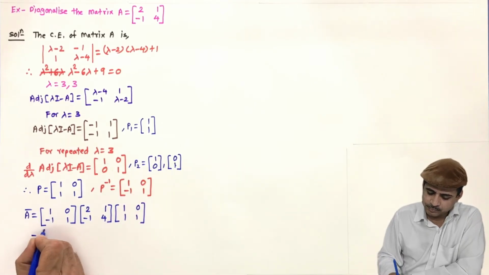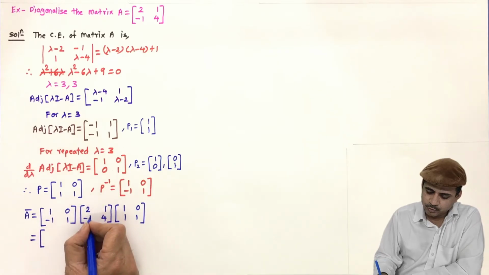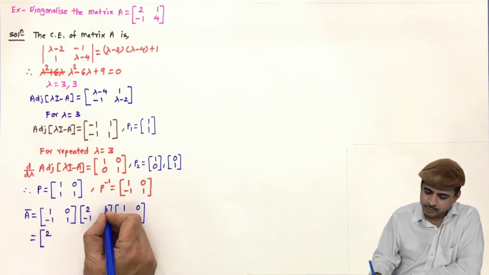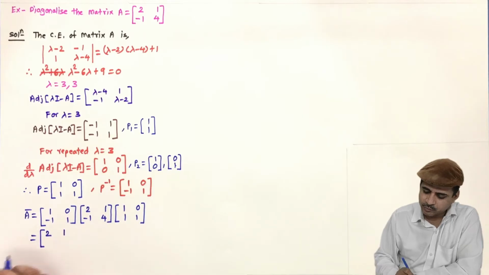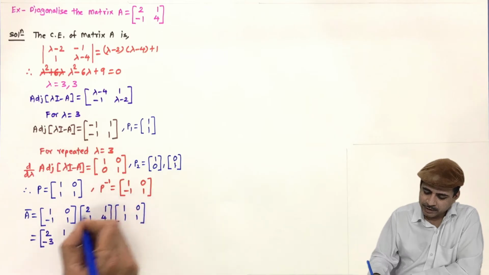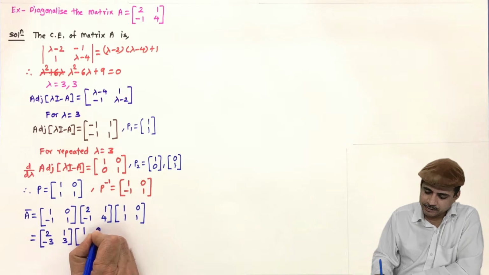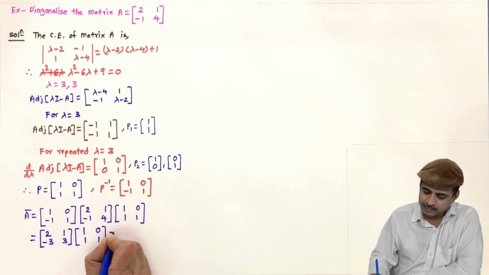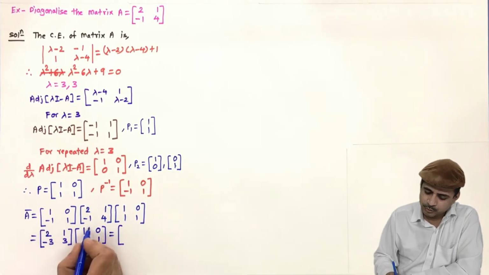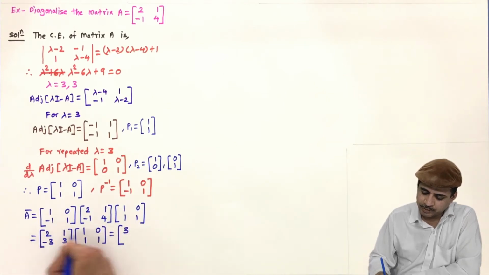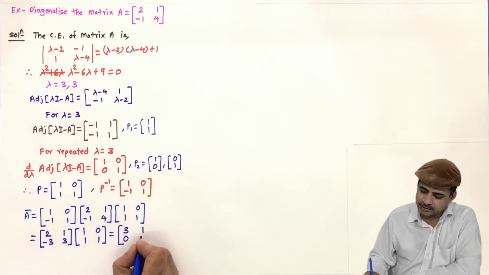Which is equal to 2 plus 0 is 2, 1 plus 0 is 1, minus 2 minus 1 is minus 3, minus 1 plus 4 is 3, into 1 0 1 1, which is equal to 2 plus 1 is 3, 2 plus 0, 0 plus 1 is 1, minus 3 plus 3 is 0, and 0 plus 3 is 3.